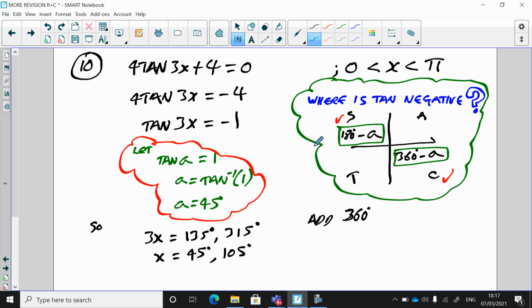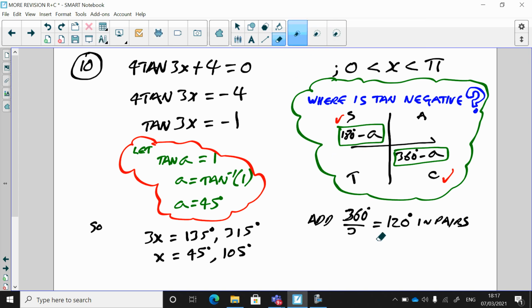Some people call that the period, whatever, but it works out in the end. So I'm going to be adding 120 in pairs. Just to make sure you can see, that is a 3. So we're adding 360 divided by 3 in pairs here, folks.